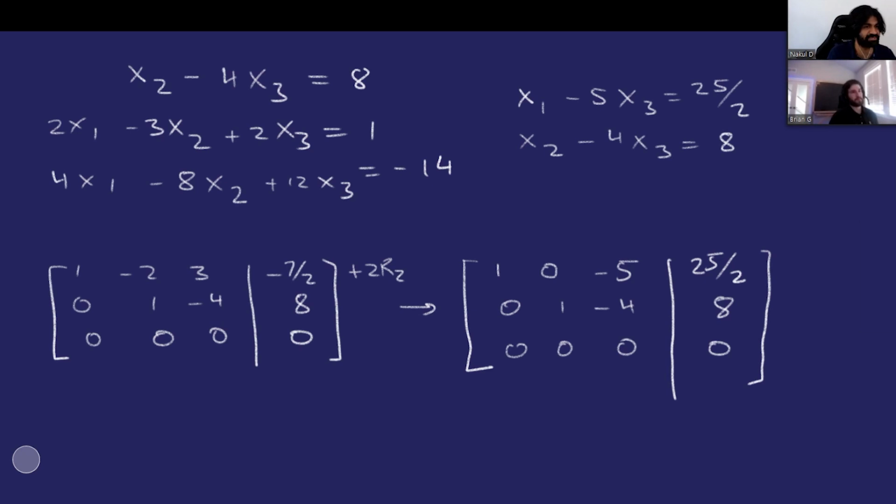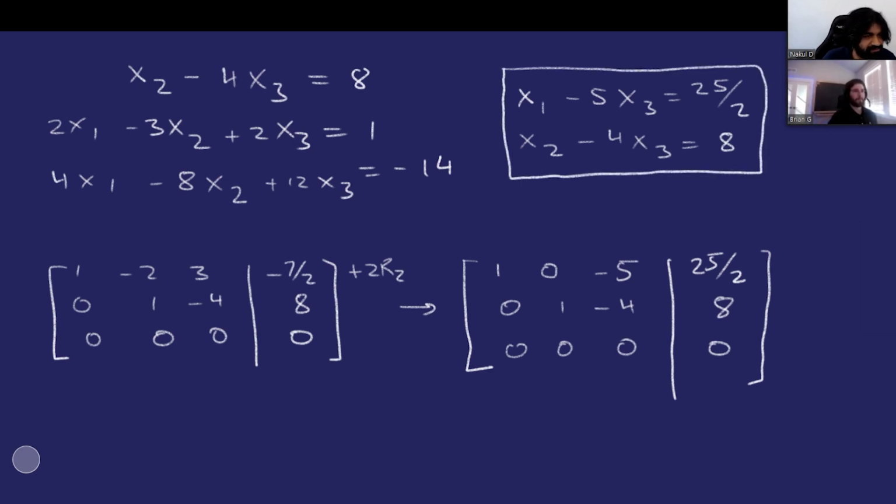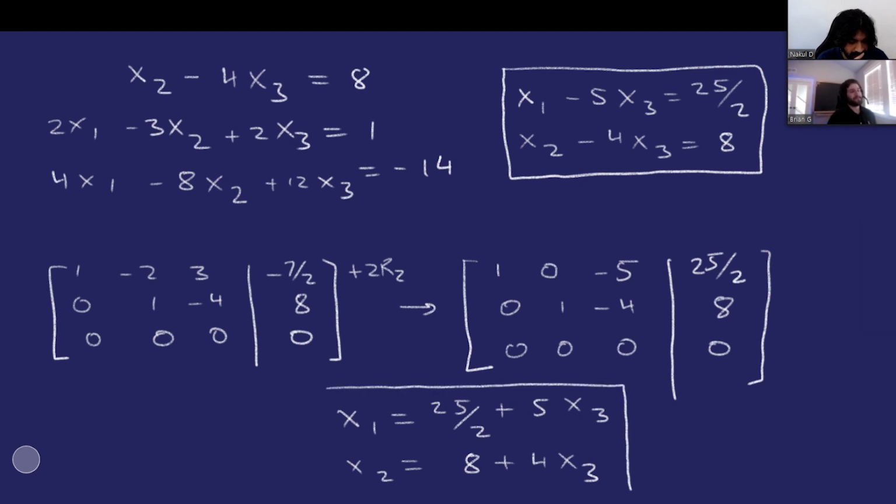Let me rewrite them another way. I can rewrite them as x sub 1 equals 25 over 2 plus 5x3, and x2 equals 8 plus 4x sub 3, right? Yeah, I see.